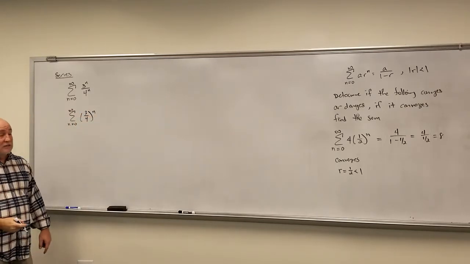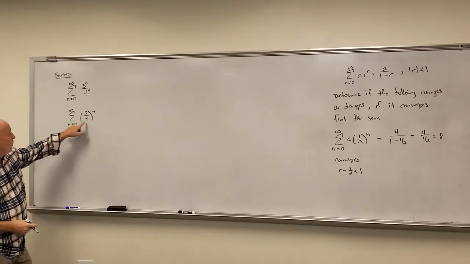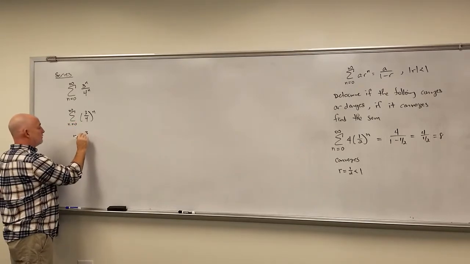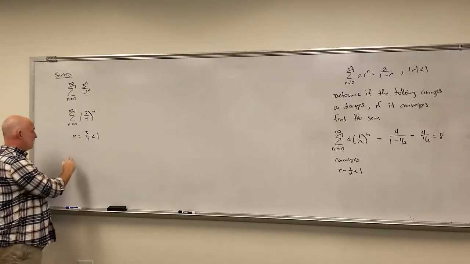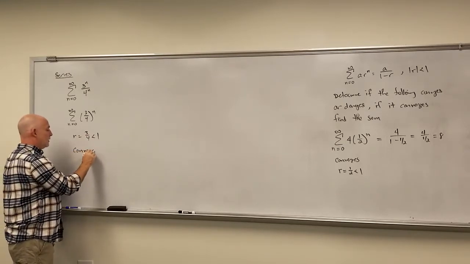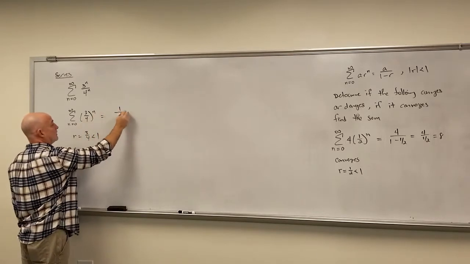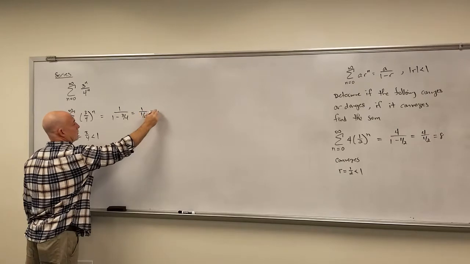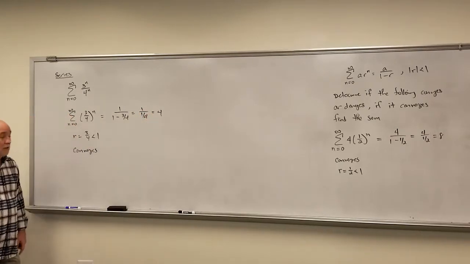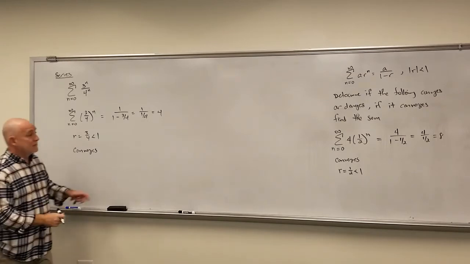Now it looks like a geometric series. Our A is 1, our r here is 3/4, that's less than 1. So we can say that this converges, and not only that, it converges to 1 over 1 minus 3/4, 1 over 1/4, which is 4. And you're done. So it can be very, very quick and easy to get that.